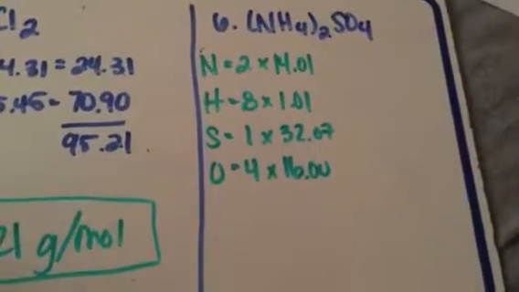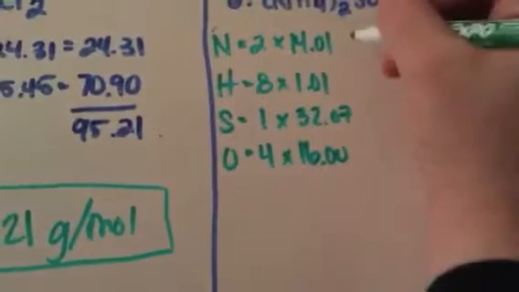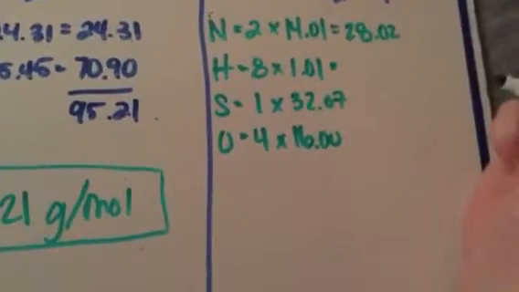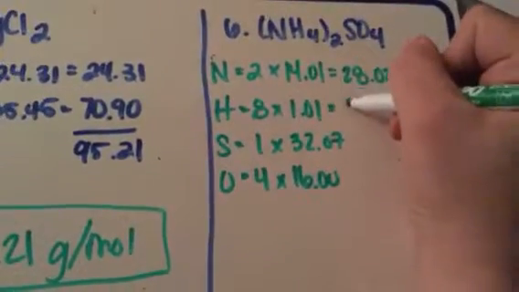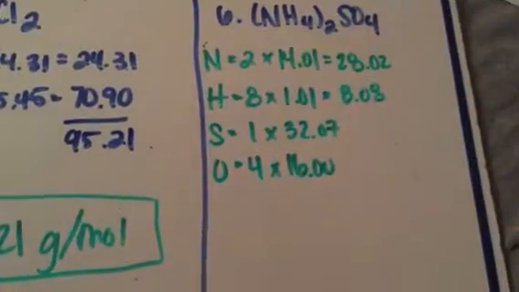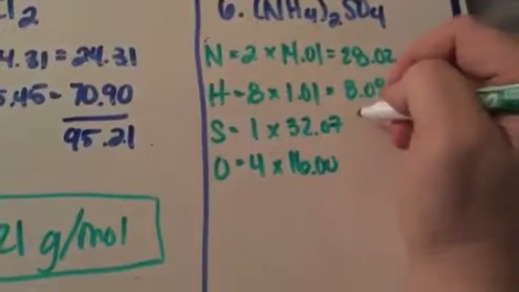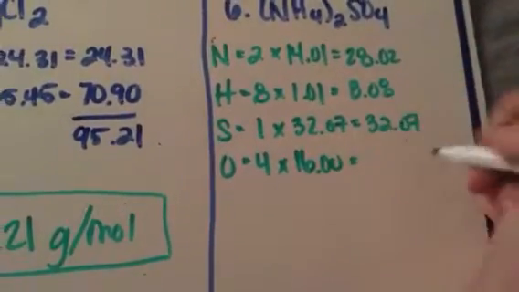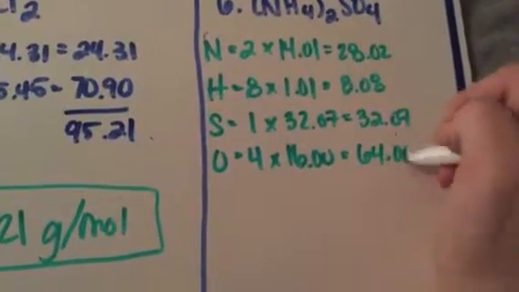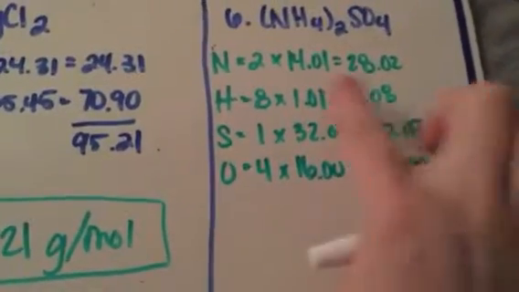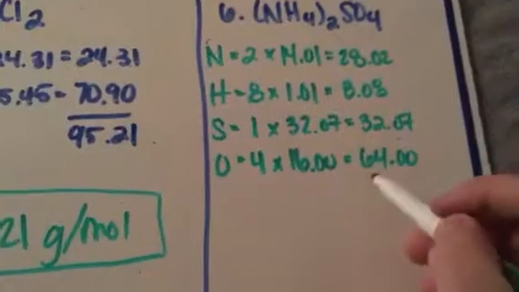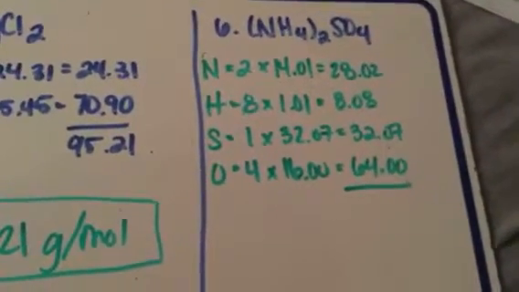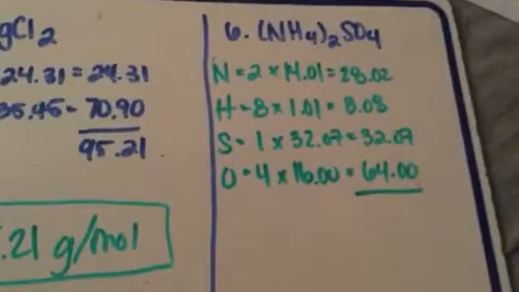So 2 times 14.01 is 28.02. 8 times 1.01 is 8.08. 1 times 32.07 equals 32.07. And then 4 times 16 is equal to 64.00. Now that we have the individual masses of each of the elements, we're going to add them all up so that we can get our mass of (NH4)2SO4.